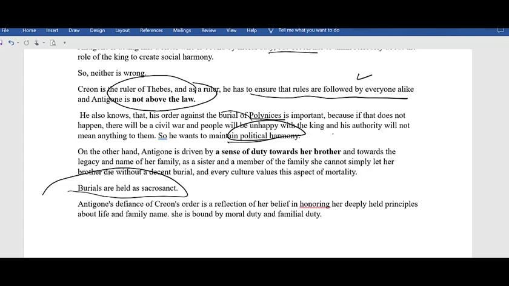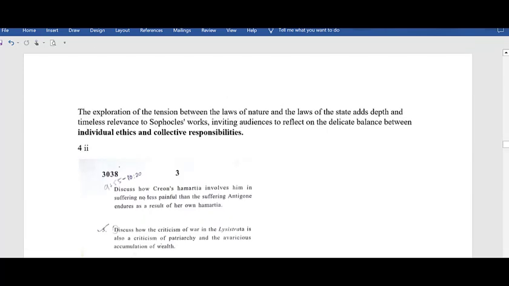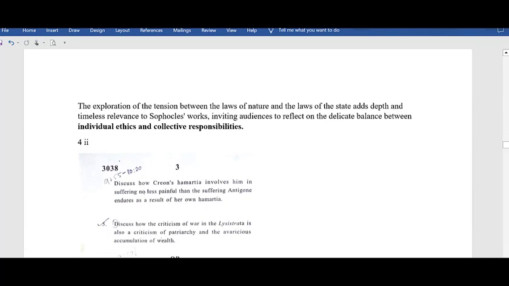So burials had a very important place in Greek society, and she could not have let her brother go without a proper burial. Antigone's defiance of Creon's order is a reflection of her belief in honoring her deeply held principles about life and family name, and she is also bound by moral and familial duty.